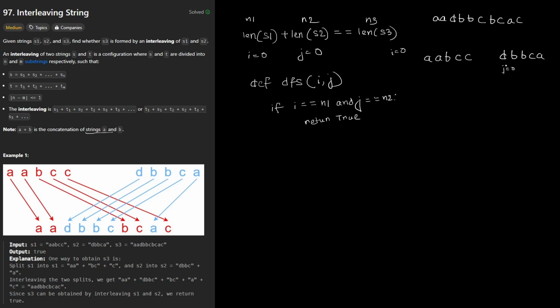Now i plus j is also 0, and we can add a condition. If our i is less than n1 and S1 of i is equal to S3 of i plus j, then what I can do is call DFS and store this value.